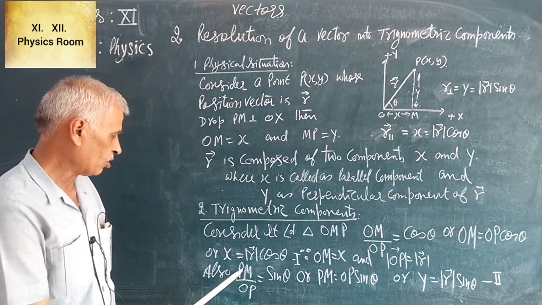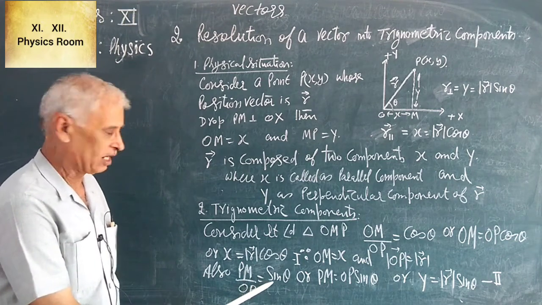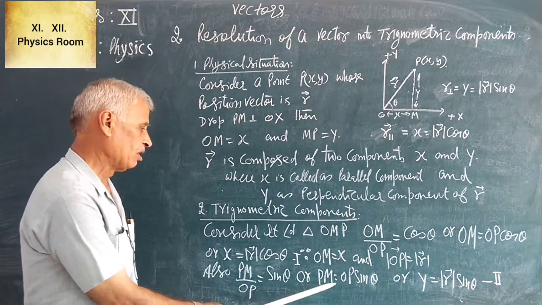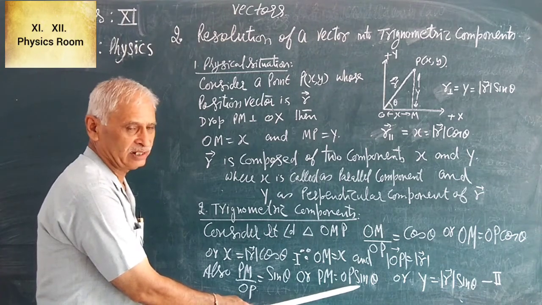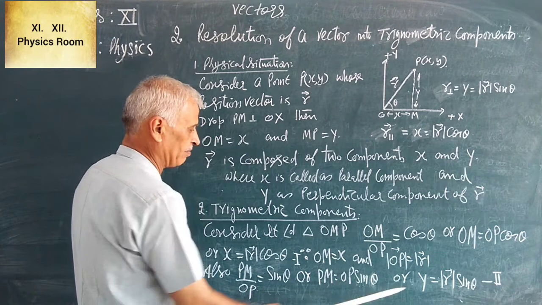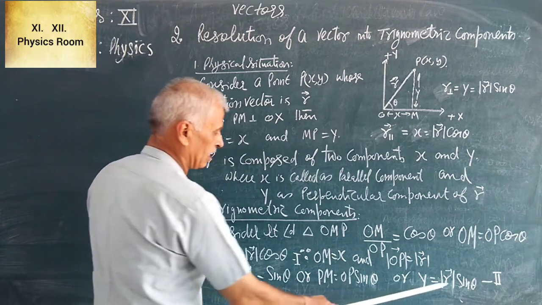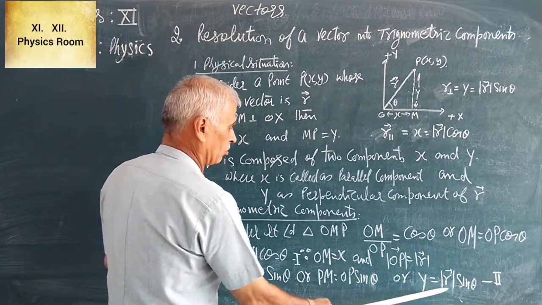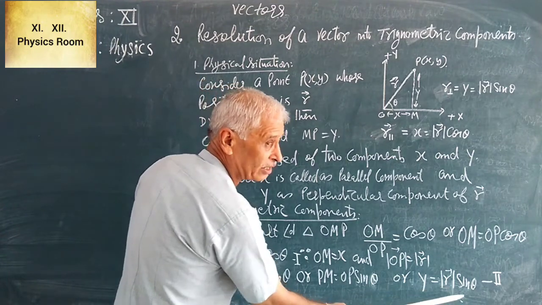Similarly, from the ratio PM by OP equal to sin theta, we find PM equal to OP sin theta. We write PM as y and OP as mod r, so y is equal to mod r sin theta.